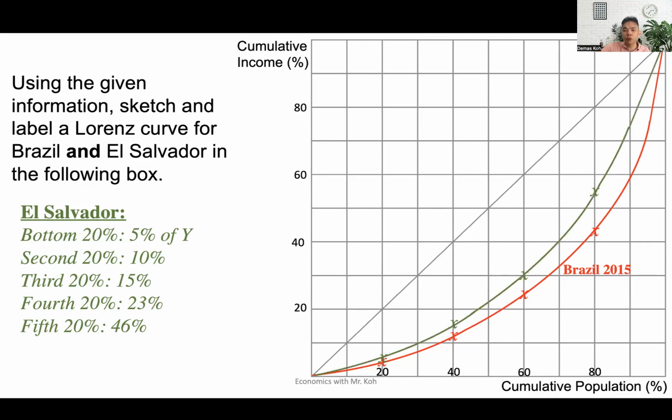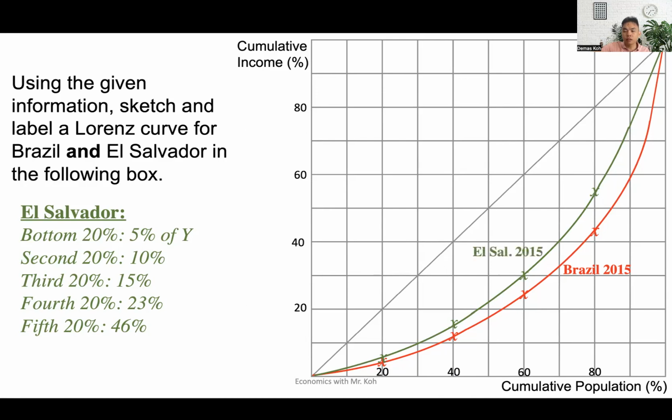So we're just going to draw, or rather sketch, the Lorenz curve for El Salvador. And you can see that El Salvador's Lorenz curve is closer to the line of complete equality. All right, as you can see, the 45-degree line, as I've mentioned earlier, indicates the line of perfect equality.